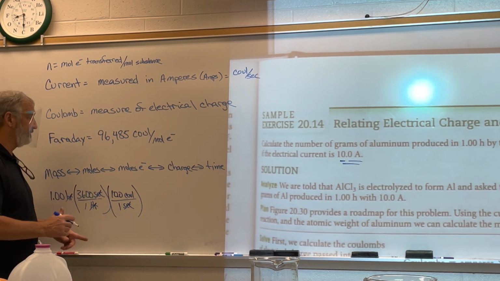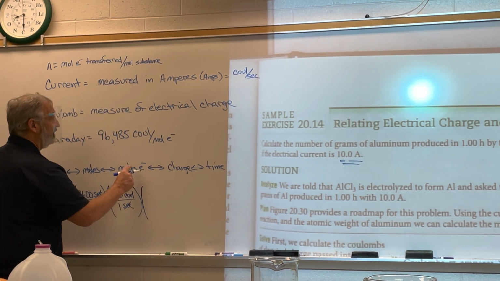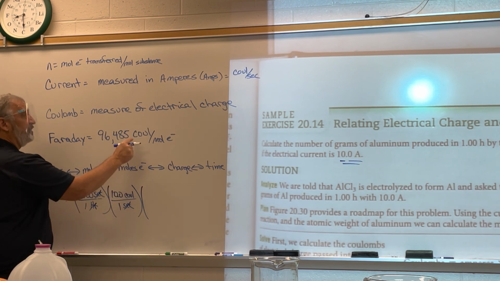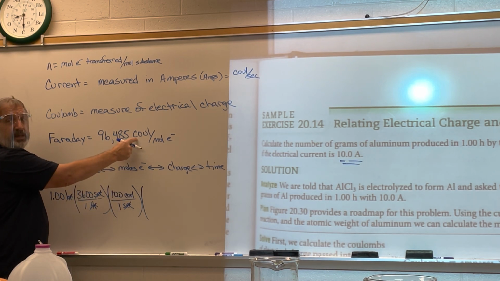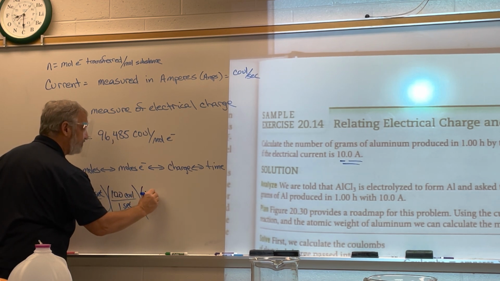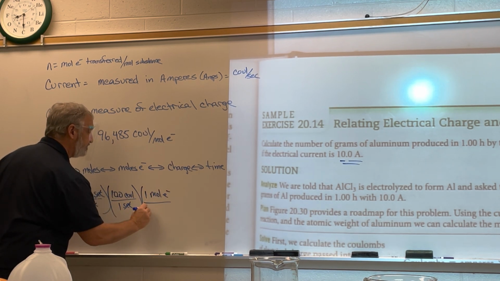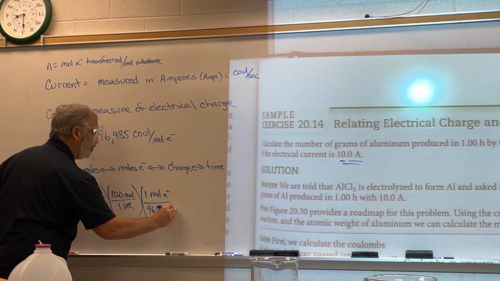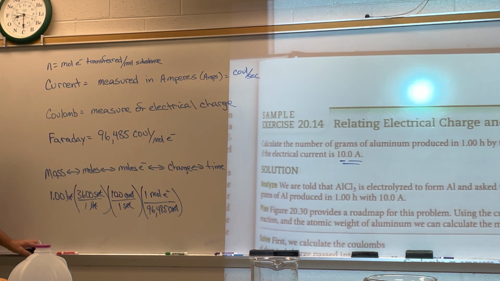How many moles of electrons is that? I have coulombs here, so the only other thing with coulombs in it is the Faraday. So 1 mole of electrons is equal to 96,485 coulombs. That tells me how many moles of electrons are going through my wire.